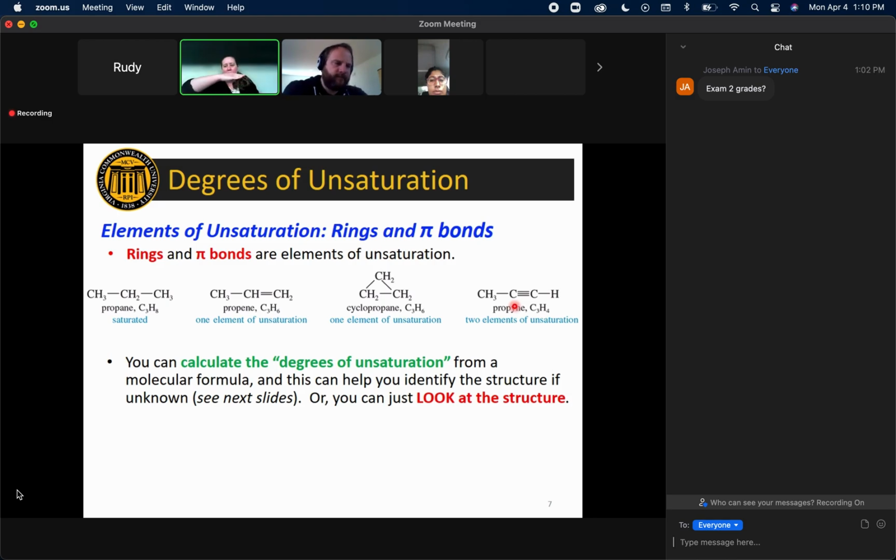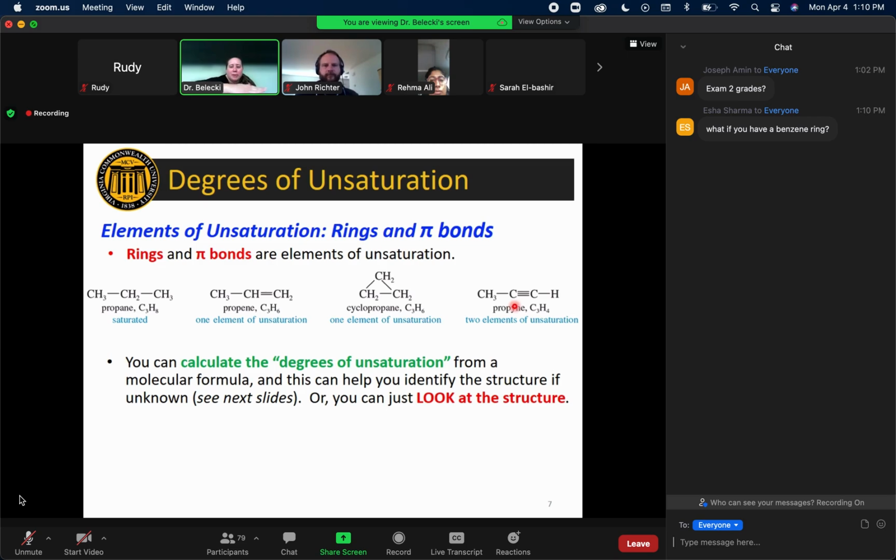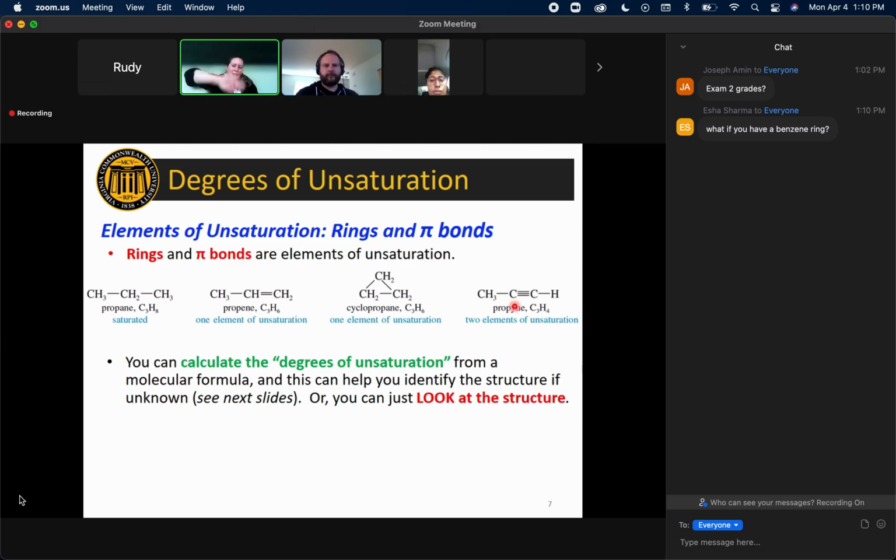It has a pi bond going perpendicular to the screen, and a pi bond in the same plane as the screen. And so it has 2 distinct pi bonds in a triple bond. And so that means that this triple bond has 2 elements or 2 degrees of unsaturation.